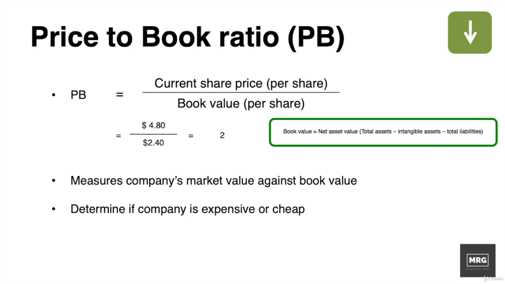The lower the PB ratio, the better it is. Because if you have a very high price to book ratio, this means that the share price is extremely high and your company today is not worth as much. So the higher the PB ratio, it sort of means that your company is very overvalued at this moment.